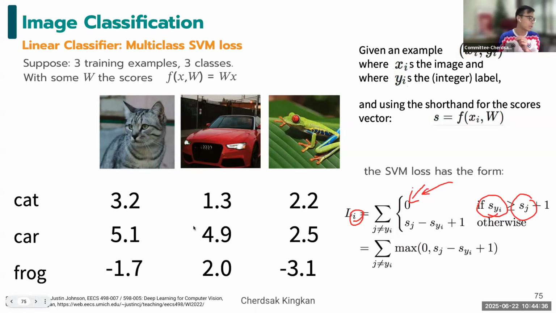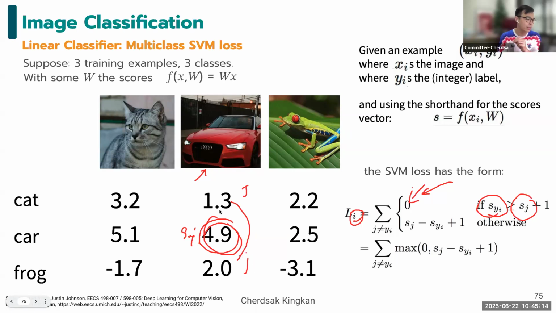So what does that mean? Let's look at this example, this column. We feed in the car image, and the score of the car is 4.9. If we look at the other classes, we can see that the score of the correct class, y_i, is greater than the scores of the other classes, which are class j.